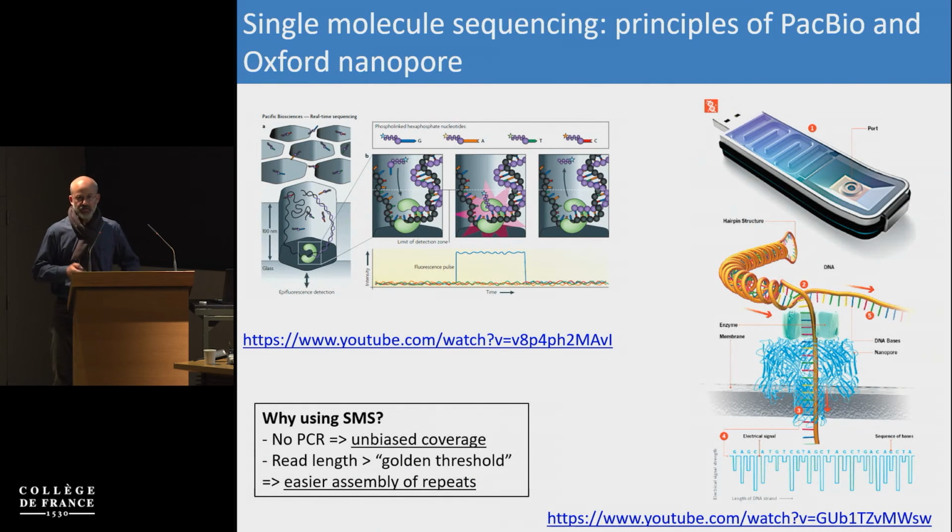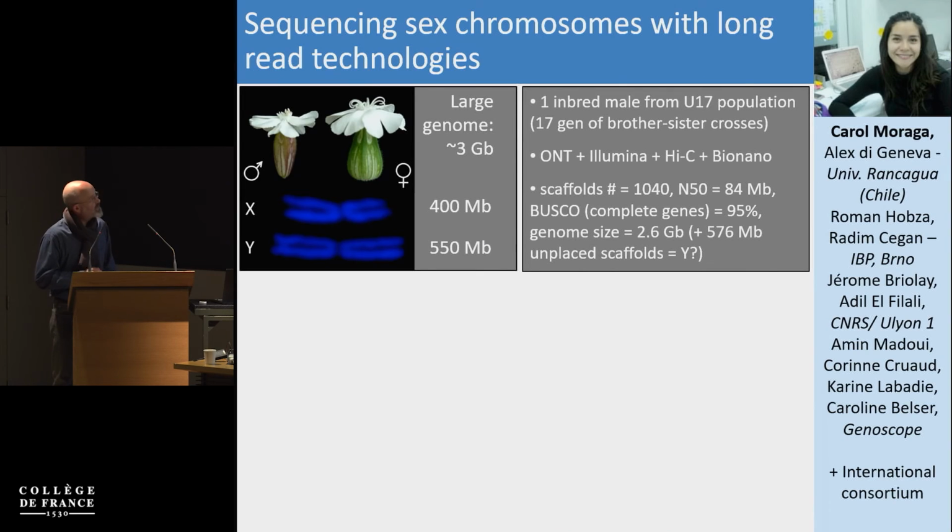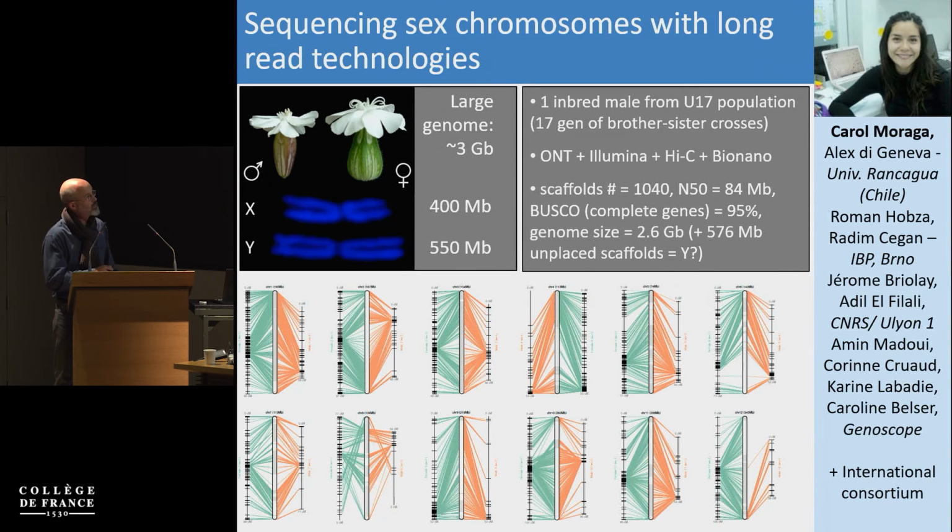So you might think, oh, now we have long-read technology, so we don't need those methods. And what I can say is the long-read technologies, they are great. We are currently sequencing the Silene latifolia genome. So it's a very large genome with giant sex chromosomes. And actually, this is the work of Carol Moraga.